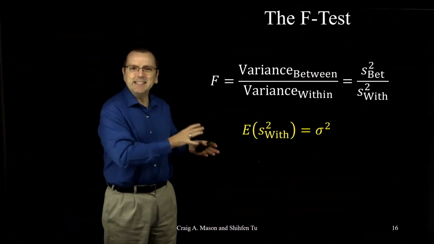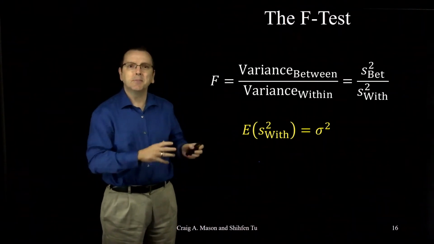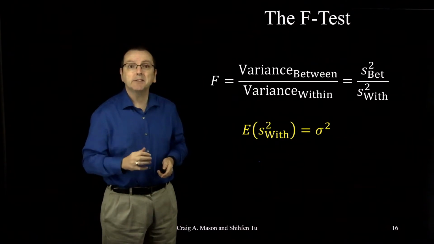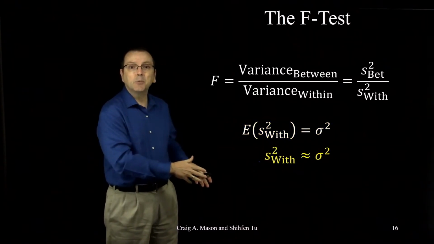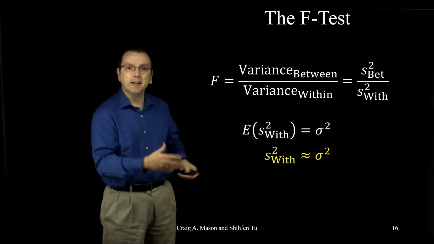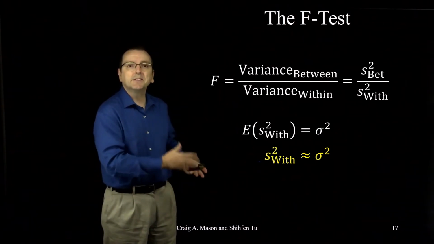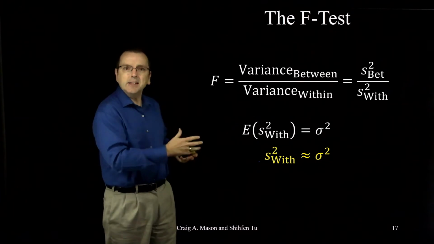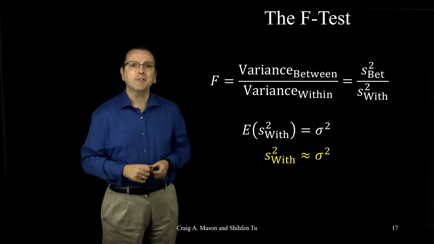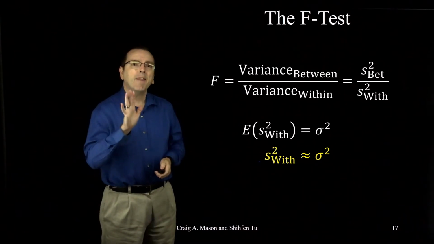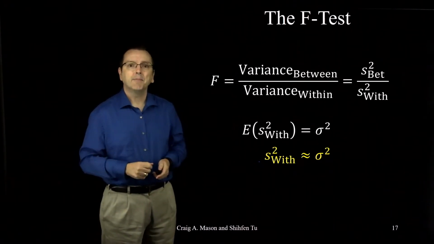It won't be exactly equal to sigma squared. Or you might see that same point expressed as the variance within is approximately equal to sigma squared. They're just ways of saying that it's an estimate of that population variance. All right? So that's the variance within.